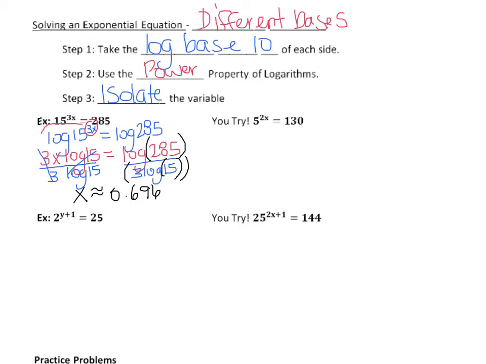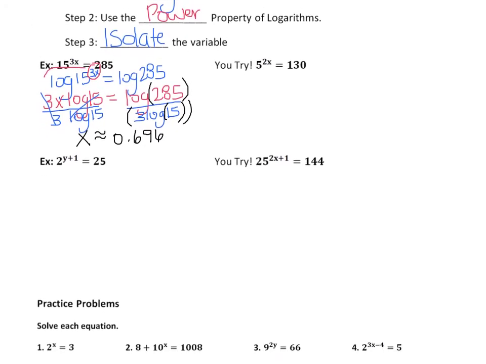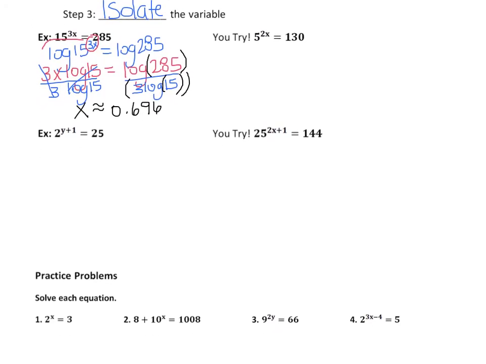All right, let's look at the next example. Actually, instead of me doing this example, we'll make this the You Try, and I'm going to do this You Try over here as my example. So the first step was to take the log of each side.